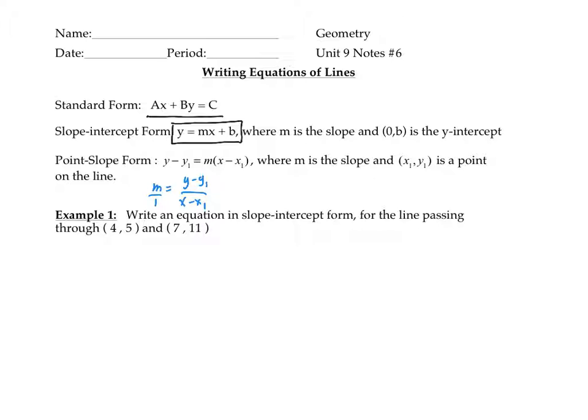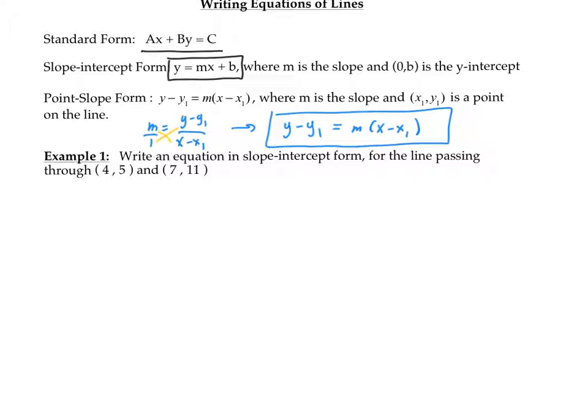When you put m over 1 and then cross multiply, you'll end up with y minus y1 times 1, which will just be y minus y1, and then you'd be setting that equal to m times the quantity x minus x1. So really, point-slope form is just taking the formula for slope and rewriting it side by side. But what we're going to use is slope-intercept form.